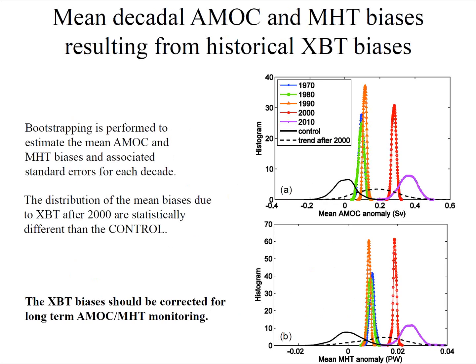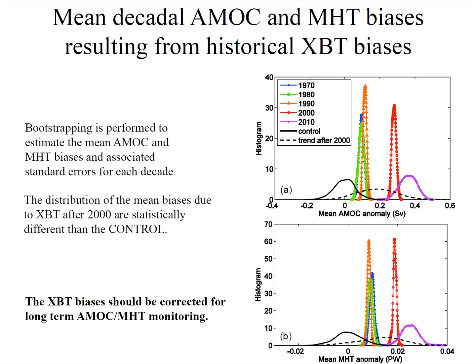To understand how the bias due to XBT compares to the historical bias, for example, in the AMOC or the heat transport, we do a histogram of the residuals for each decade, 70s, 80s, 90s, 2000, 2010, against the control variability of the model and the trend estimated by SODA here in dashed line.